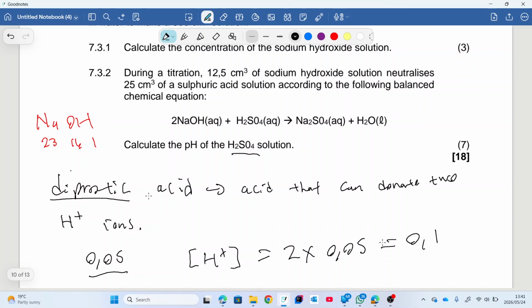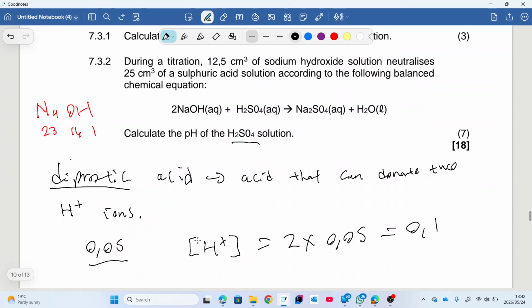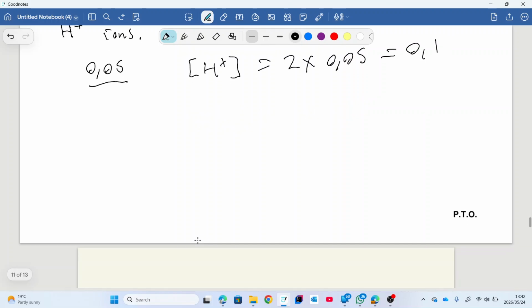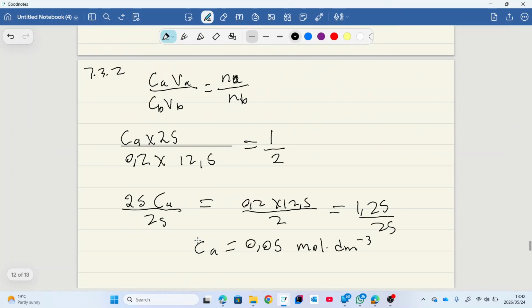Okay, do you understand the logic now? Yes, I understand the logic. Okay. So therefore, with the same logic, let's go back to where I calculate.